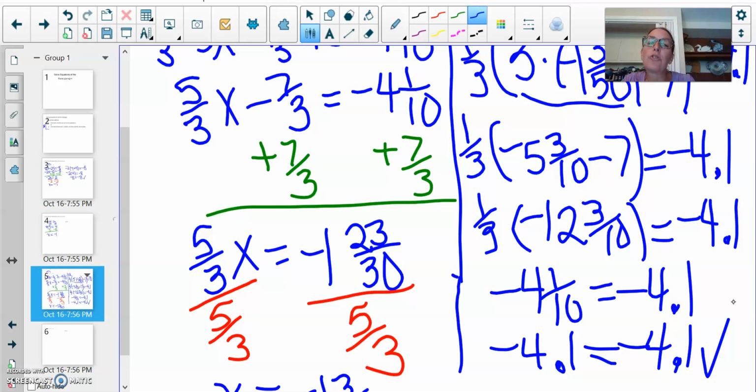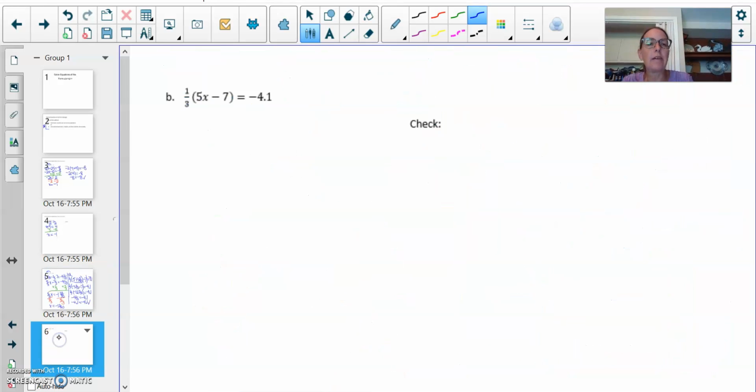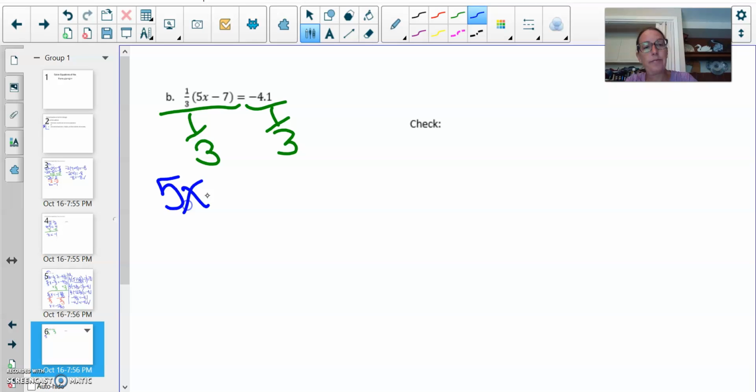So that's where you distributed first. The other method is I can divide each side by 1/3. And remember, dividing by 1/3 is the same as multiplying by the reciprocal, 3. So if I do this method first, I get 5x minus 7 equals negative 4 1/10 times 3, which is negative 12 3/10.